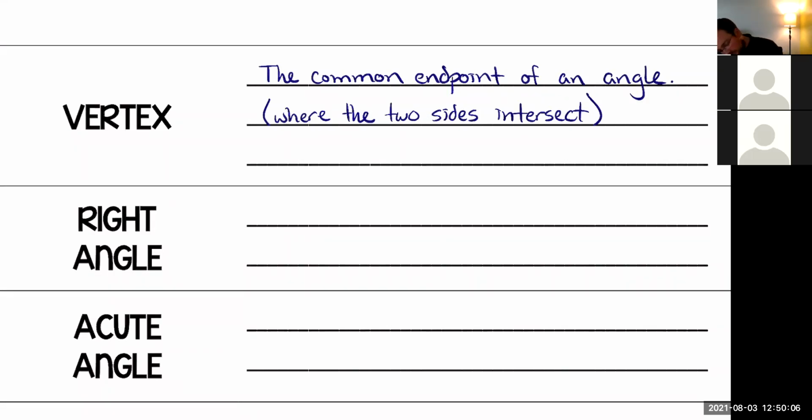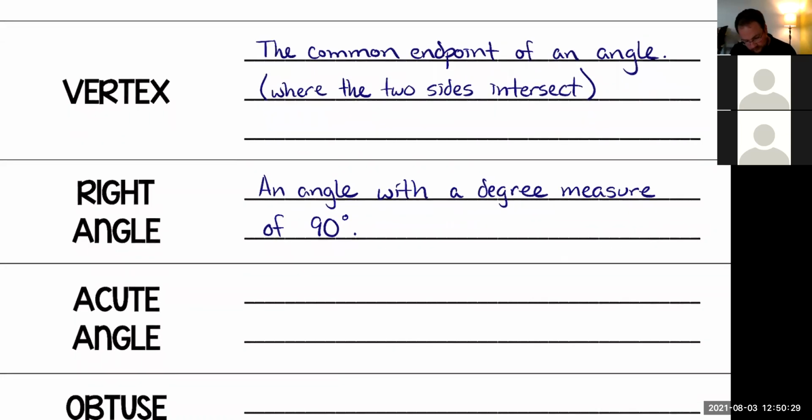So a right angle is an angle with a degree measure of 90 degrees. An angle with a degree measure of exactly 90 degrees, no more, no less.